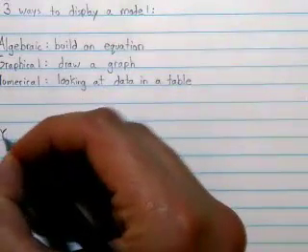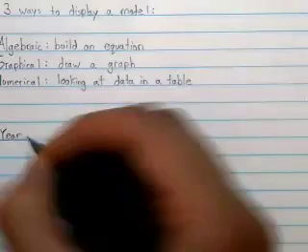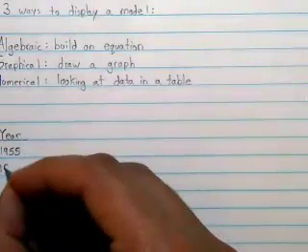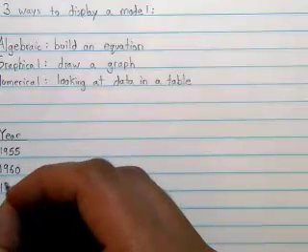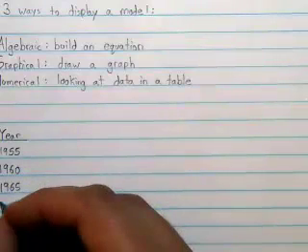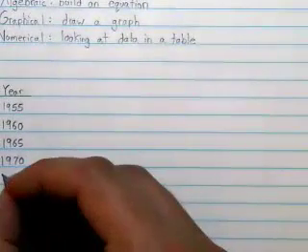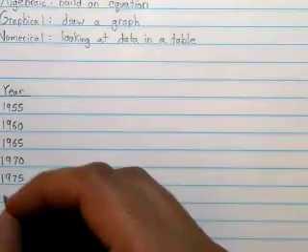But here's the data we're going to use. We have the years. We're going to start with 1955, and we're just going to go every 5 years. Some of you might be a little shocked at what the minimum wage was back in the day.